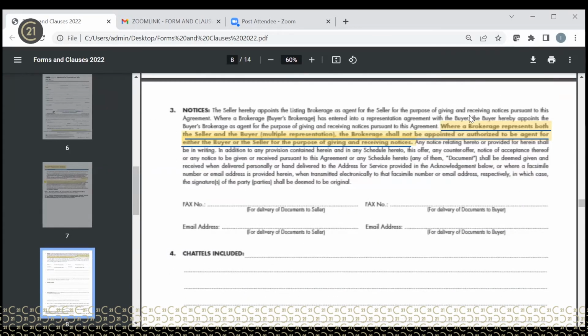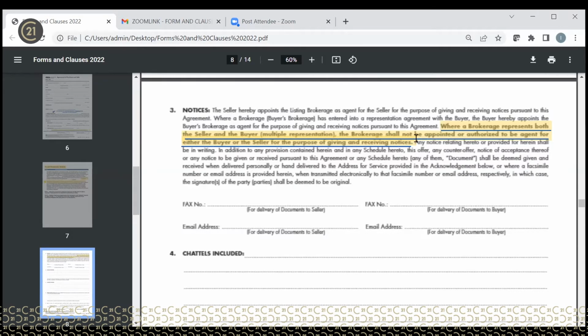The next thing I want to talk about is where the brokerage represents both the seller and the buyer in multiple representation. The brokerage is not authorized to accept or give notices on behalf of the parties.